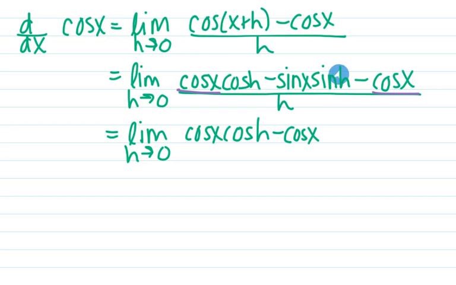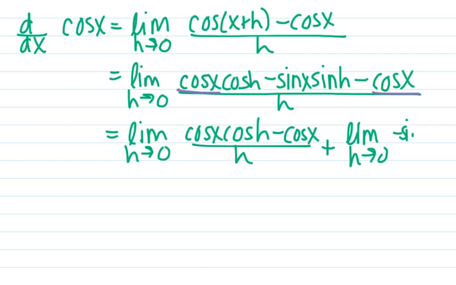This will be the other fraction. So that's all over h, minus the limit as h approaches 0 of, actually, you know what, we'll make that a plus, and we'll leave this sign, negative sine x sine h. All over h this time.